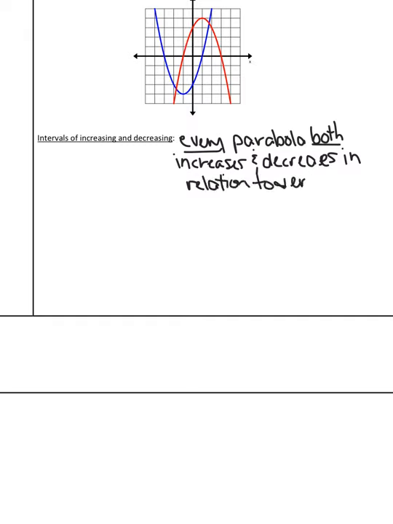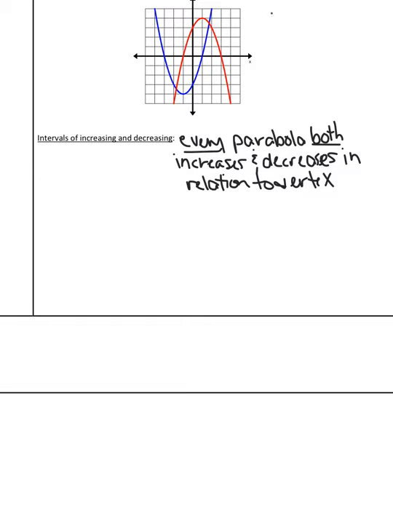So every parabola is both increasing and decreasing. What we need to figure out is which side of the vertex it is increasing or decreasing. That's kind of the key here.